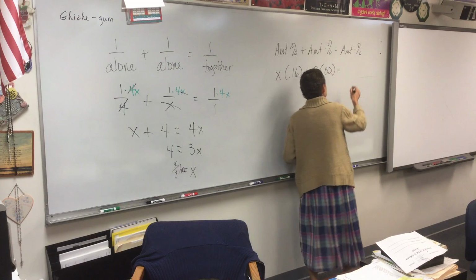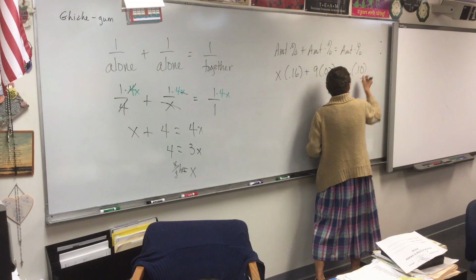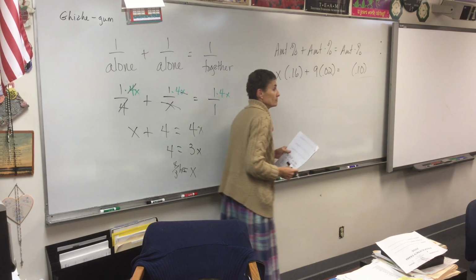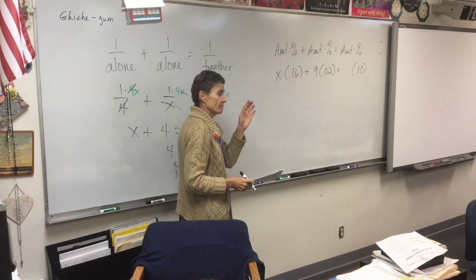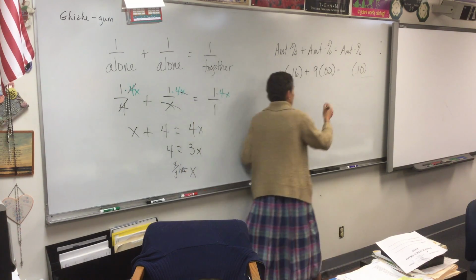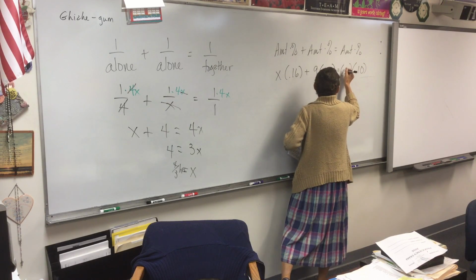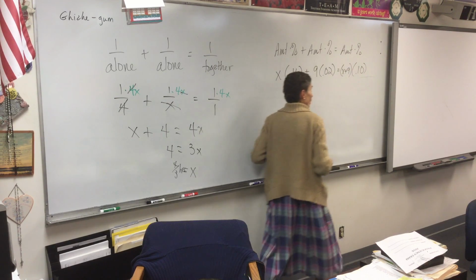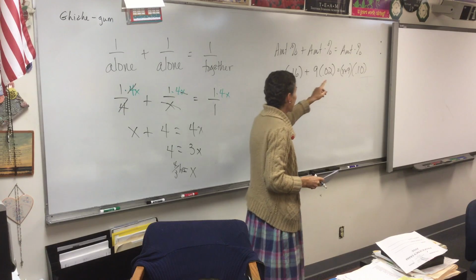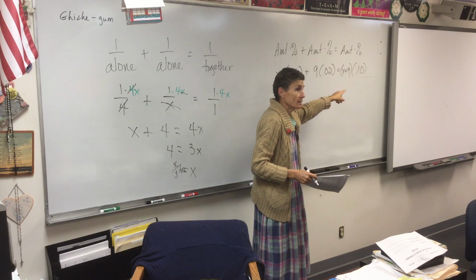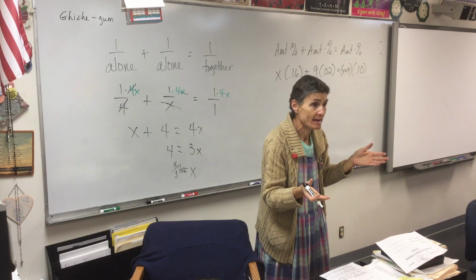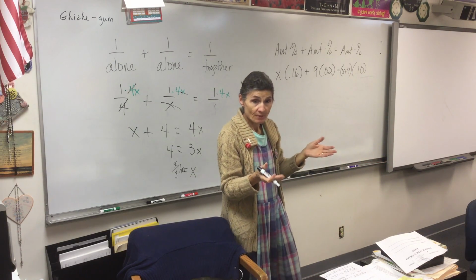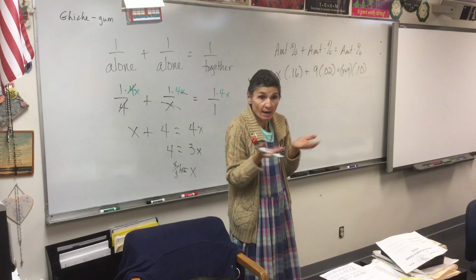To get a 10% solution. Now, be smart. What goes here? If you said x plus 9, you are right, because that's the total. If you are mixing together x and 9, then the total would be x plus 9.